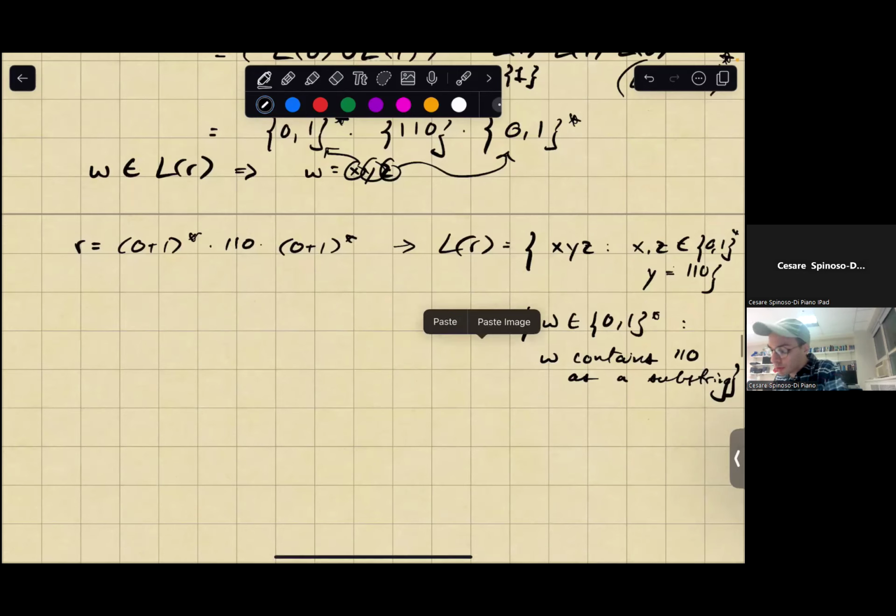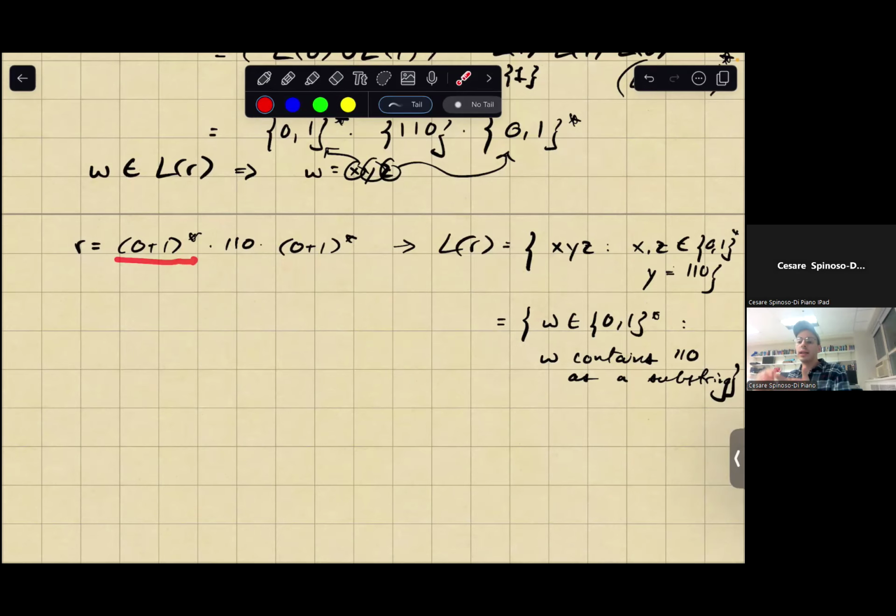But normally, you look at this regular expression and you think about its pattern matching abilities. So (0 or 1) star is telling you that if I have a string W, it's going to match with R if it has some string here, because this is telling you I'm going to match with a string that's any number of zeros or ones interchanged.